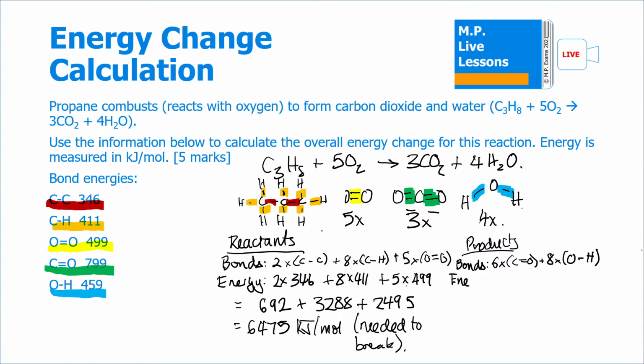If we calculate the energy, we got 6 times 799 plus 8 times 459.